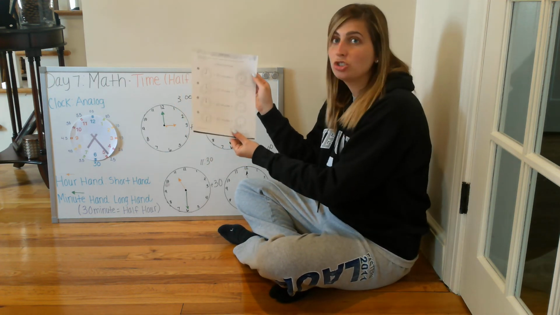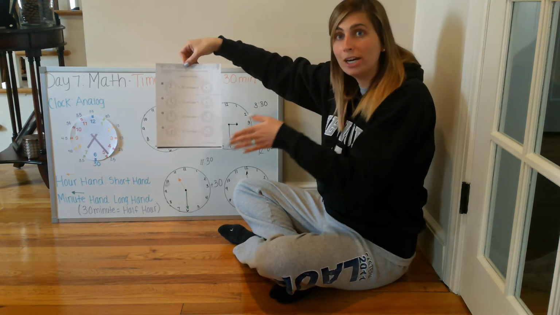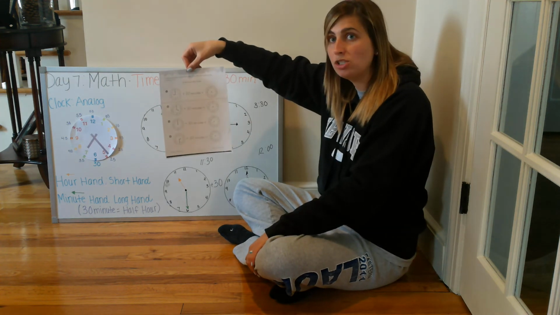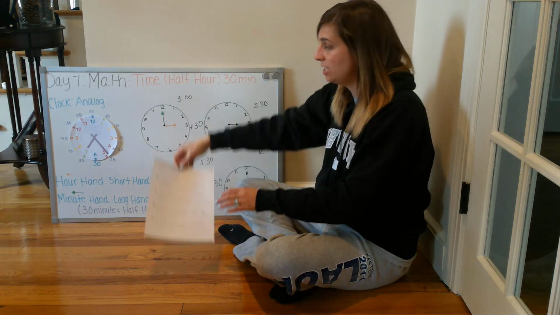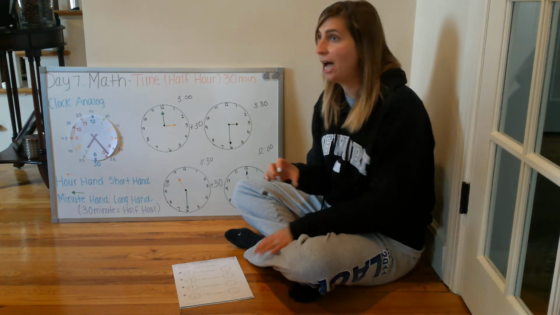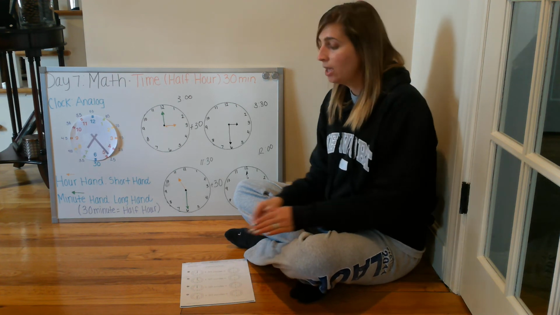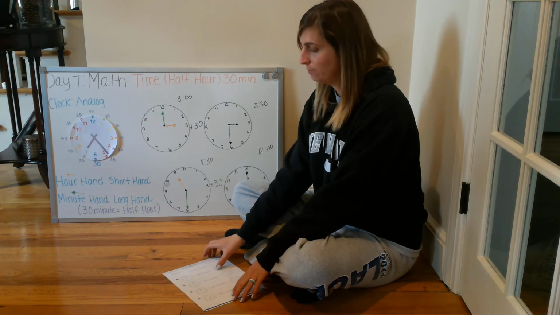I'd like you all to try your best, and if you completed this before our Zoom meeting, bring this to the Zoom meeting so we can talk about it and see how well you did. I'm also going to provide an extra time link at the bottom, which is practicing telling time to the half hour to help you practice this a little bit more.